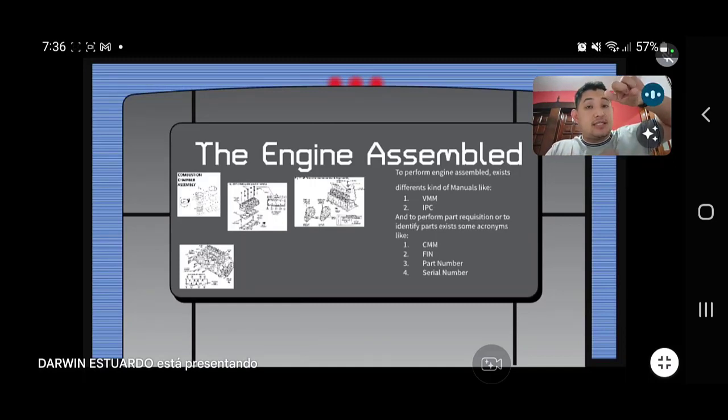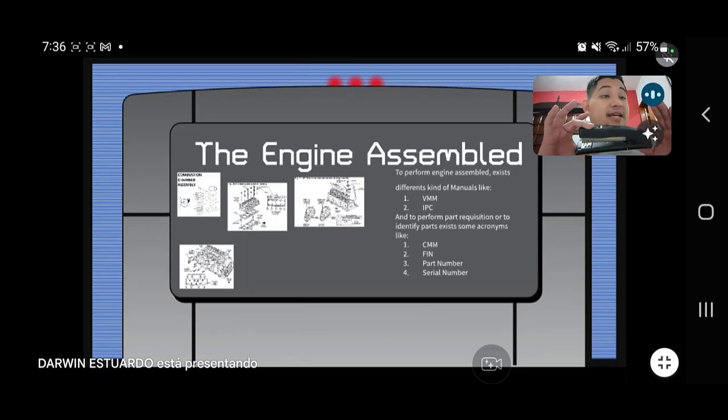The part number is used to identify, for example, this is the radiator. The part number of the radiator is 123. Okay, part number. But a part can be replicated or fabricated, 1,000 of this kind of radiator, okay?